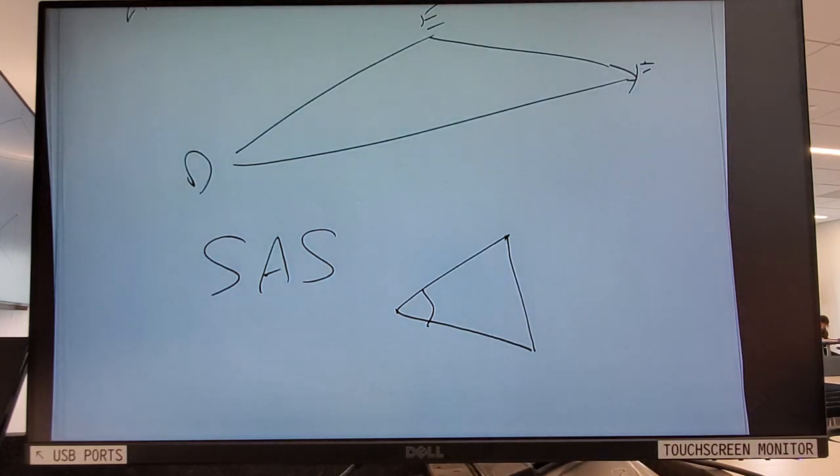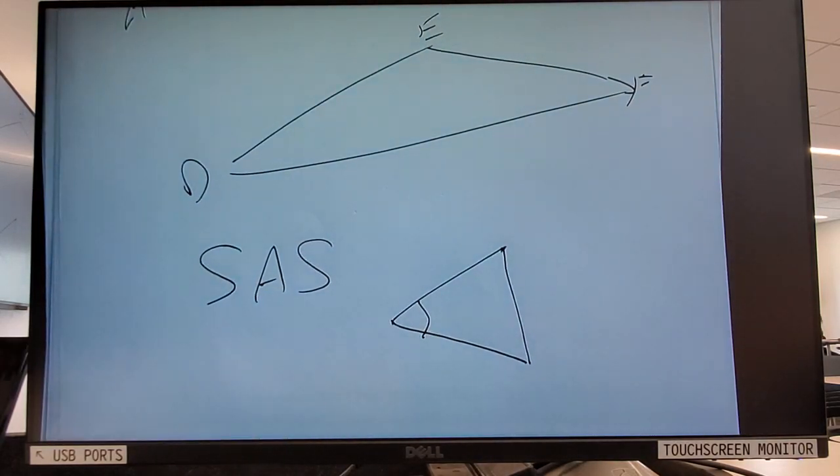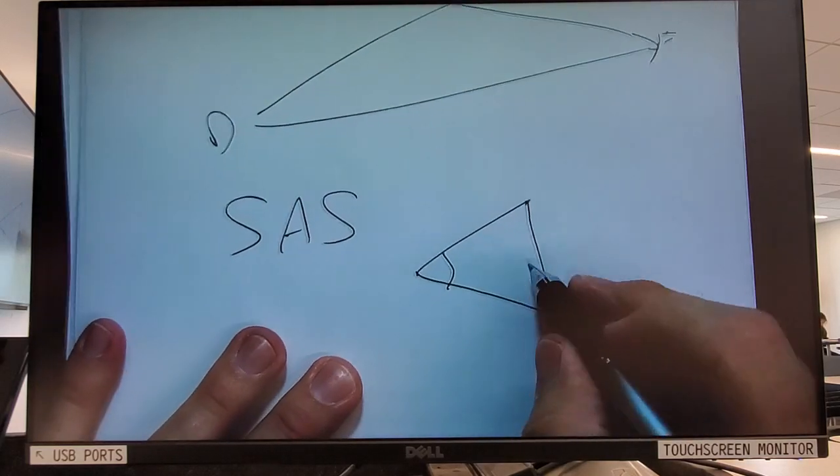For example, if there were 3 pairs of things, you could do side, angle. That could still work if you don't have an angle between 2 sides. So all I want to do, if I really want this to make sense, I always do. And I don't always do it well, but I'm trying.